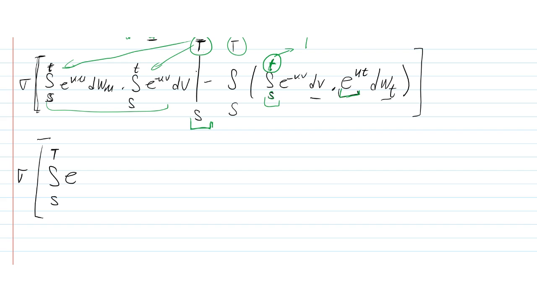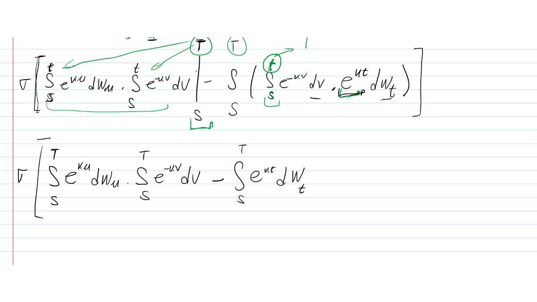This is how you apply the integration limit to integrals. S T. You see that we're getting everything in the same integration limits. S T everywhere. We get this out. K T, dW T, and now we go.